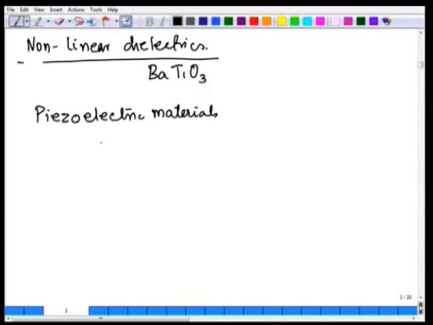If you apply stress, they produce polarization. And stress means mechanical stress. If you apply it, they produce polarization, or charges, they produce charges. Or if you apply electric field, then they produce strain.